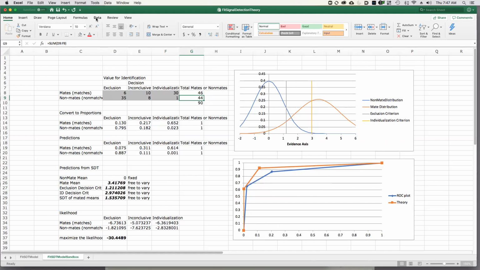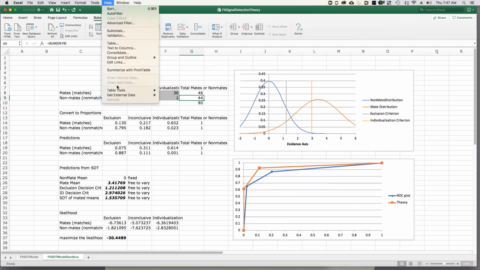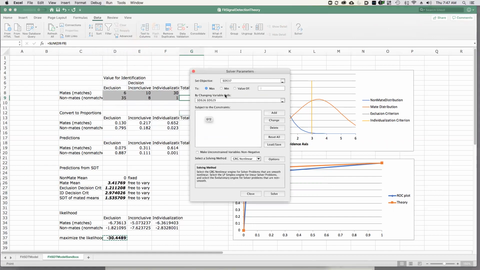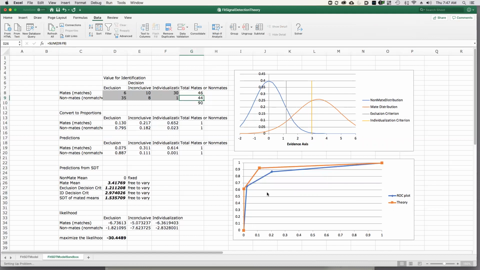So what we're going to do is go to, oops, I forgot the data. Oops, it's under Tools, Solver. It's already set up here. These are already set up. So we'll click Solve. And there we go.